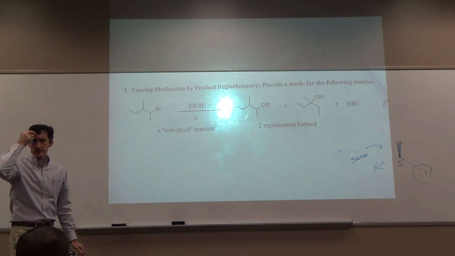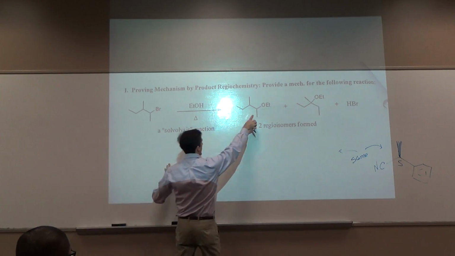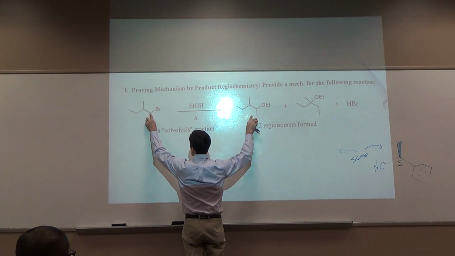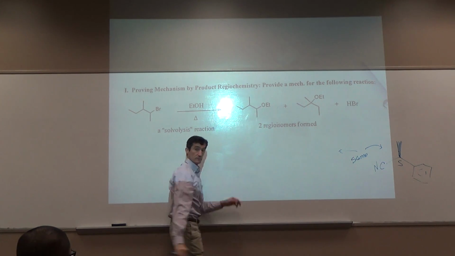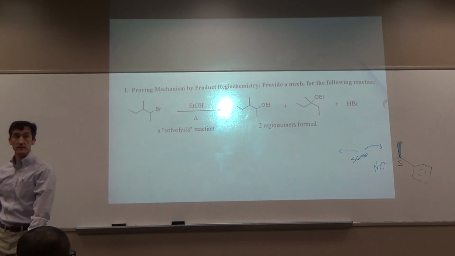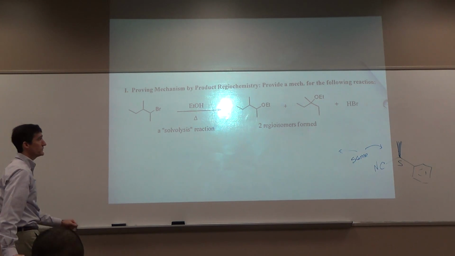Is this a substitution reaction? Well, if you just focus on this product, bromine attached here, but now instead of bromine, it's the O-ethyl attached there. So we replaced the bromine. We substituted it with something else. Yeah, it's a substitution reaction.